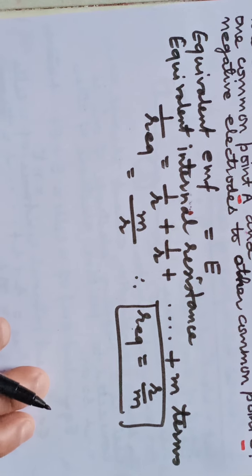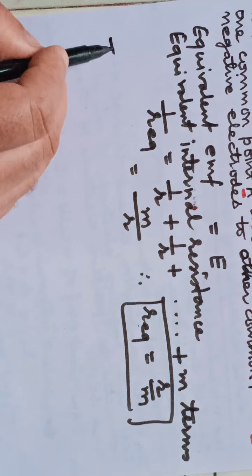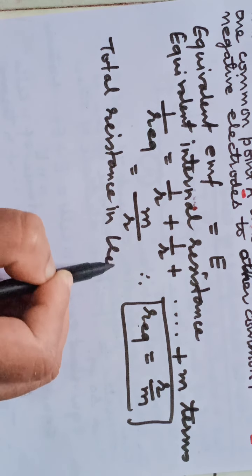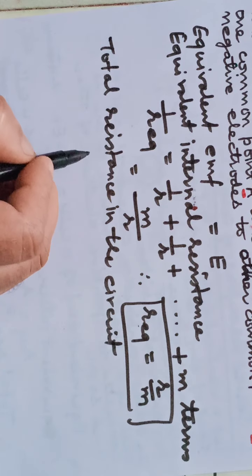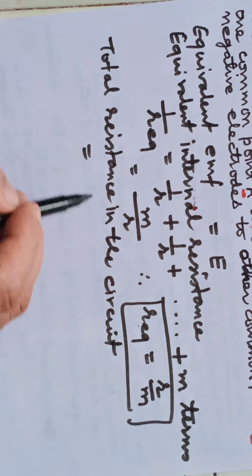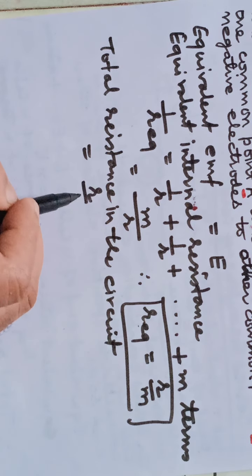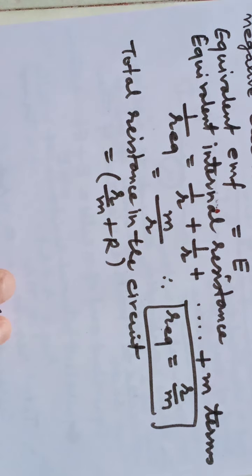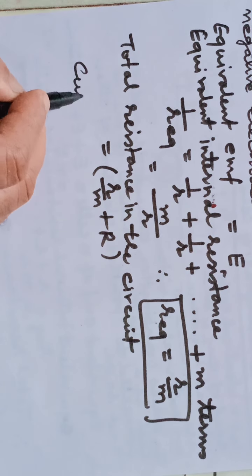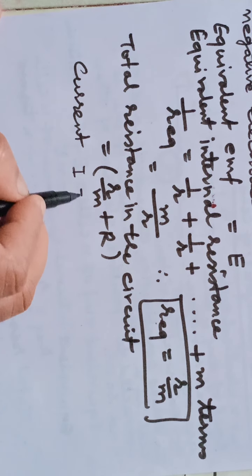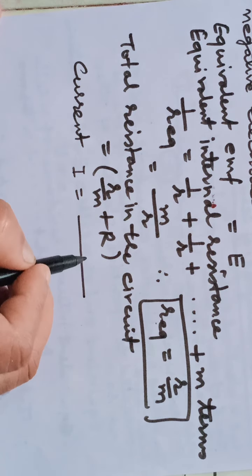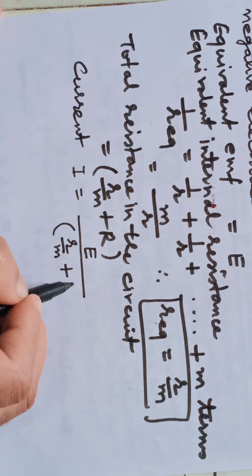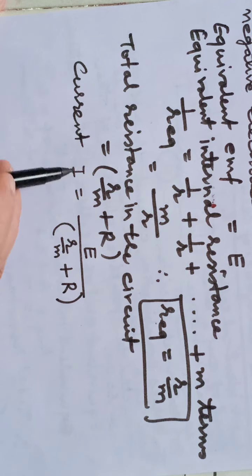Therefore the total resistance in the circuit is, now the external resistance is R and the equivalent internal resistance is r upon m, so r upon m plus capital R. Therefore the current in the circuit is the net EMF, equivalent EMF E, upon the total resistance, r upon m plus capital R. So this is the result.